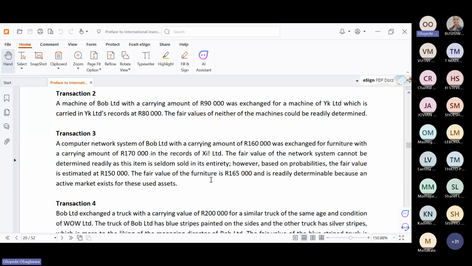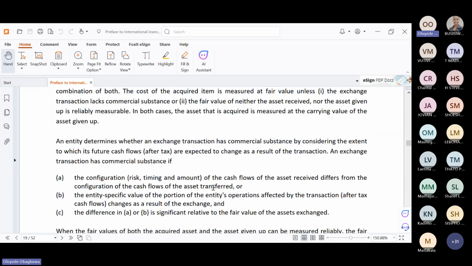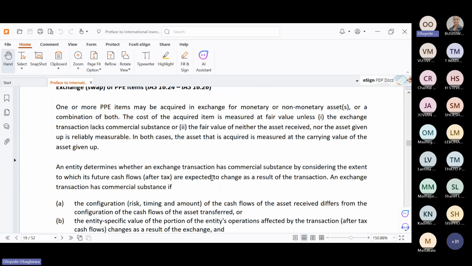Yeah, you try, but let's look at the condition. Let's go to the conditions. It says you must be able to, the fair value of neither the asset received nor the asset given up is reliably measurable. Okay, so if the fair value of either of these assets is determined, it means this condition is fulfilled.